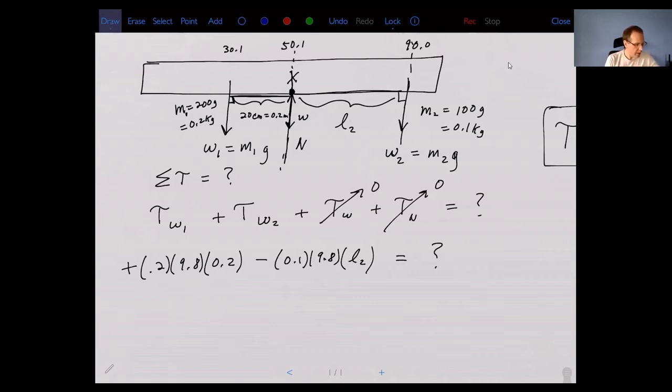Okay, the next part. So part 3. In this part of the experiment, we're now going to use the second condition for equilibrium to predict the mass of the meter stick. Okay, so here's my meter stick.